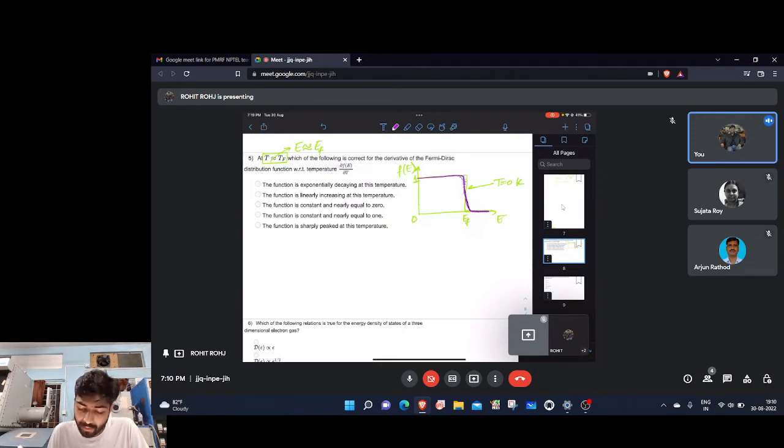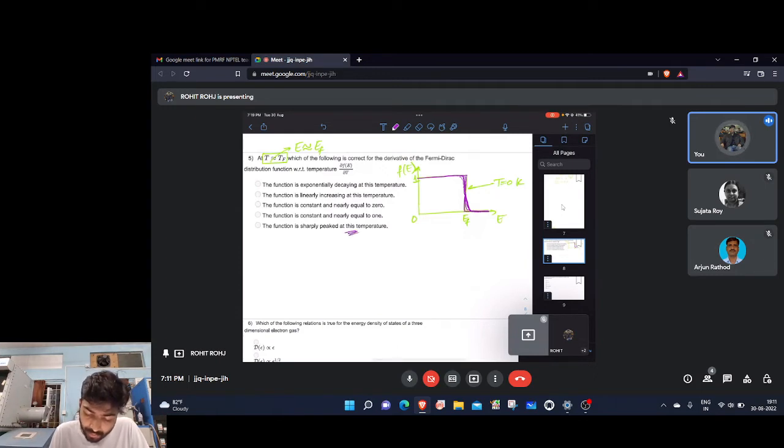So what we are supposed to find here is the derivative of this Fermi Dirac distribution function with respect to temperature. We can say that at T equal to 0 Kelvin it is a delta function sort of, and then for T very close to 0 Kelvin and energy very close to Fermi energy, this Fermi function drops extremely sharply. So the Fermi function is sharply peaked at this temperature.